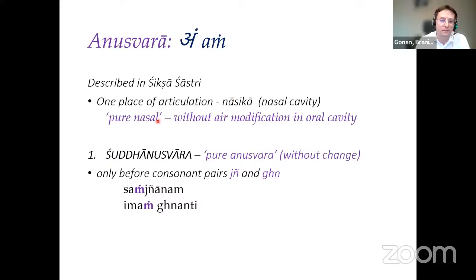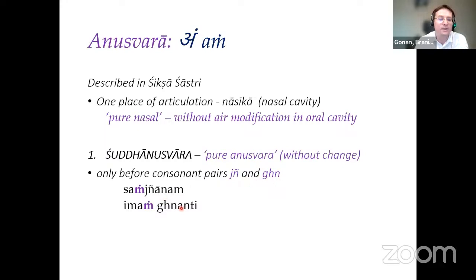is pure nasal. It means that this sound is formed only in the nasal cavity, or nasika, right? Without any air modification in the oral cavity. But we could call the pure Anusvara only this one, Shuddha Anusvara, only before the consonant pairs jna or gna.